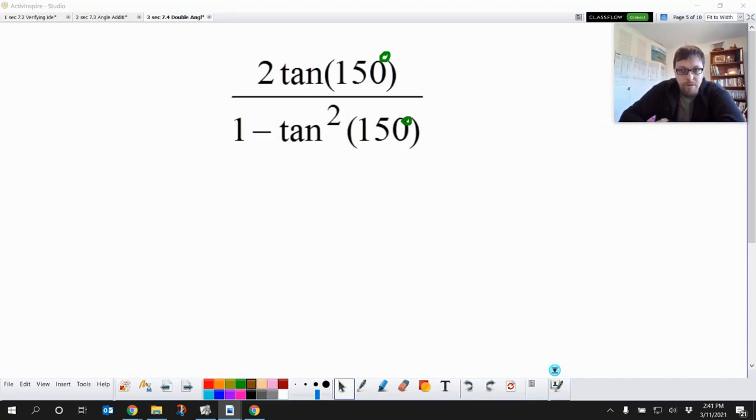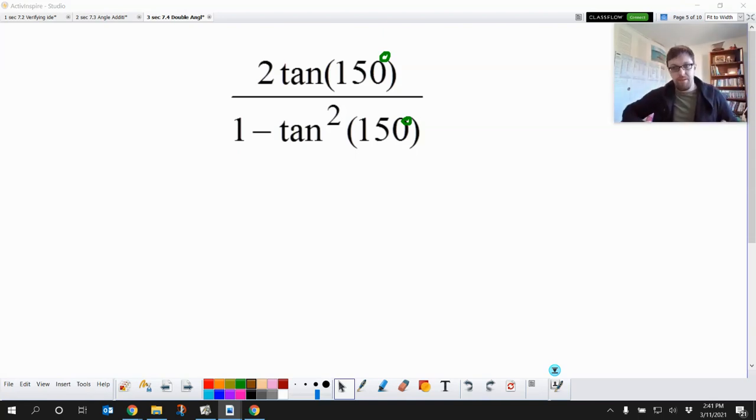Now I could figure out what the tangent of 150 degrees is. I know that the tangent of 150 degrees is the same as the tangent of 5 pi over 6, if I'm doing that correctly in my head. But then I'd have to double it, and then I'd also have to square it and then subtract it from 1.